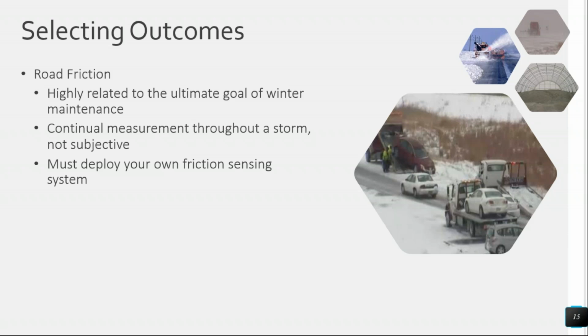But again, the problem is that you have to find your own friction sensing system. You have to mount them to your patrol vehicles, or you have to get friction sensors for your RWIS sites or something like that, so that you can collect this information, because there's really little other source for getting this kind of data.